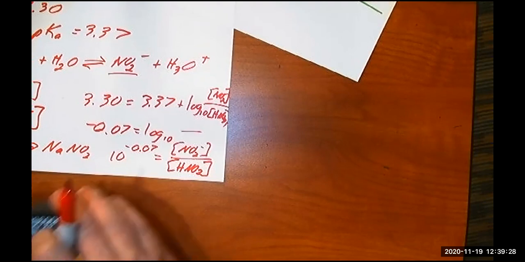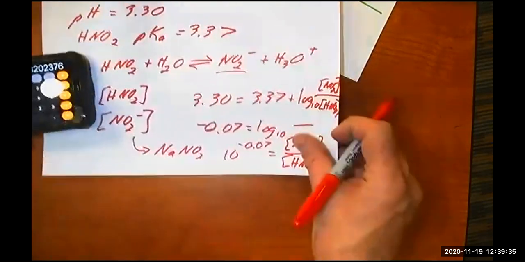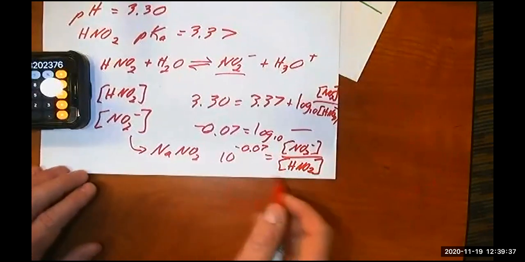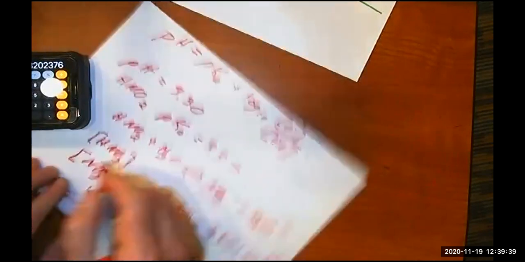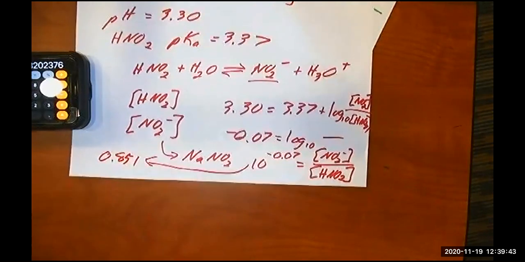Calculator. There's my calculator. So 0.07, change sign, 10 to the power, and we want our ratio to be 0.851.